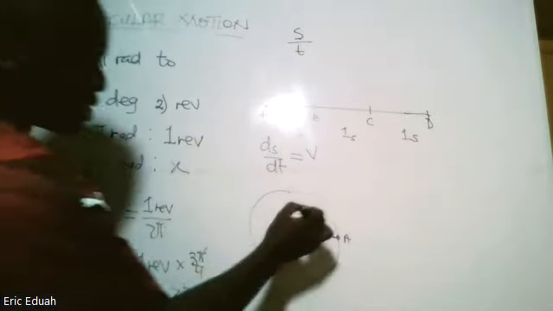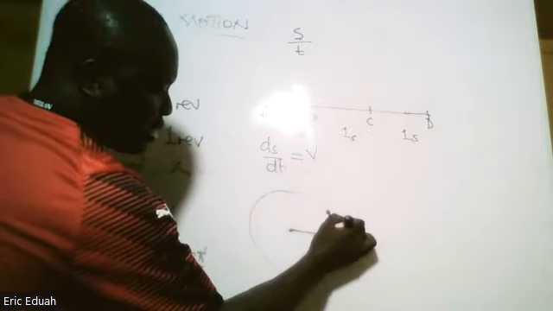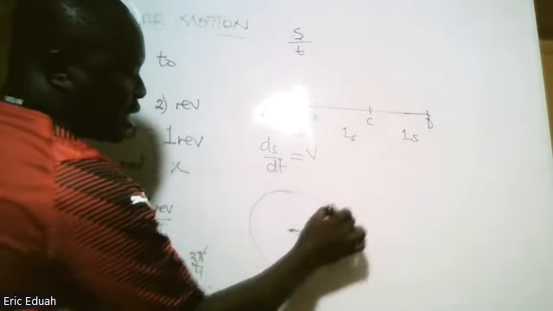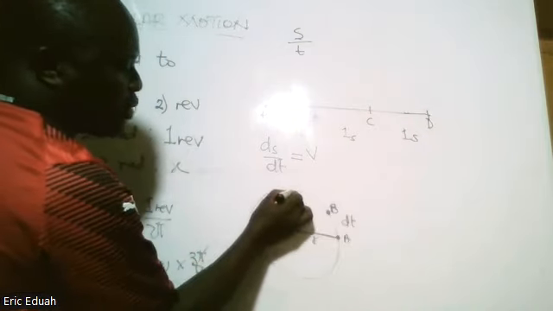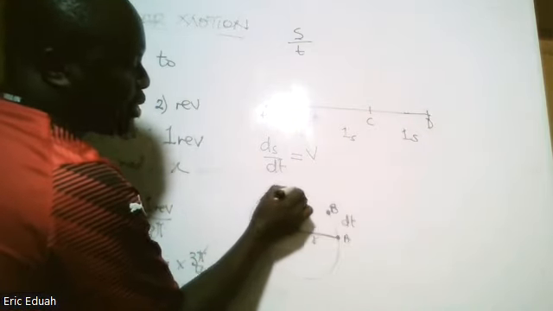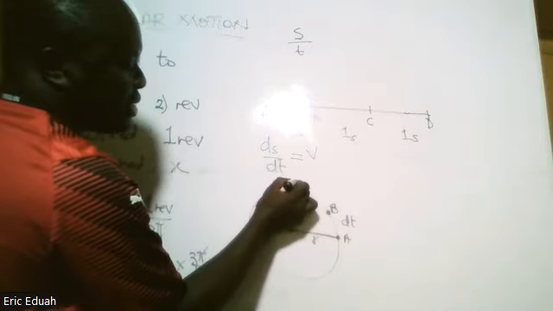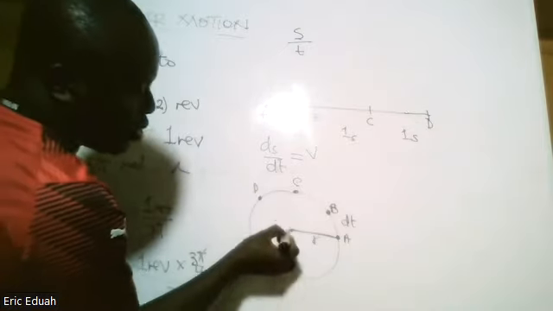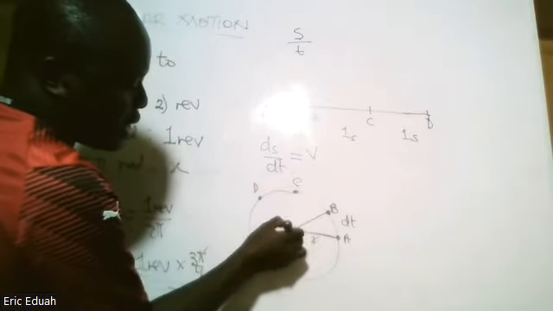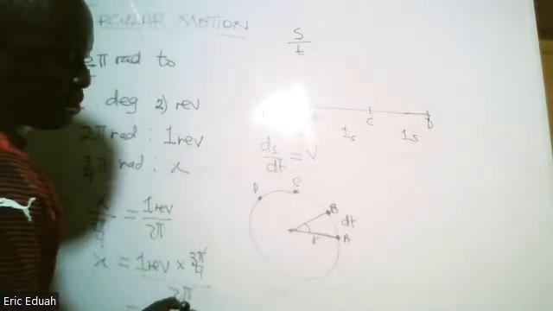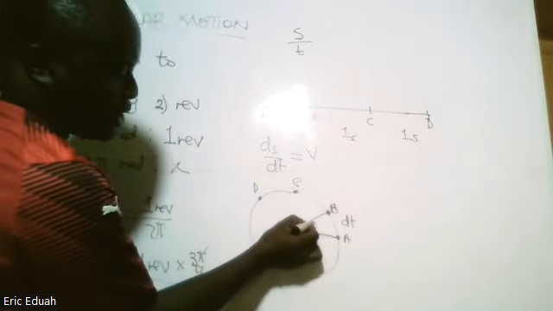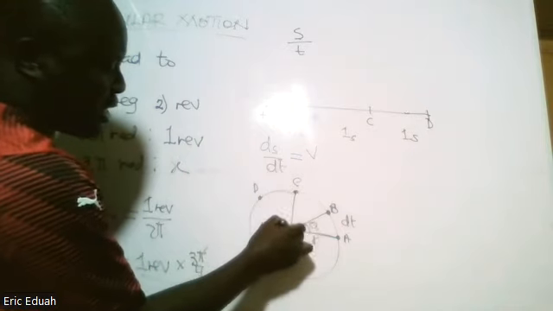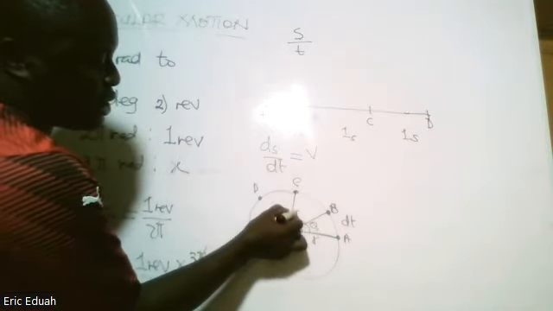Now the body's position within equal time interval comes to B, then within the same time interval also moves to C, then moves to D. What's happening? This angle is changing. This angle is θ1. When it moves to C, the angle changes to θ2.